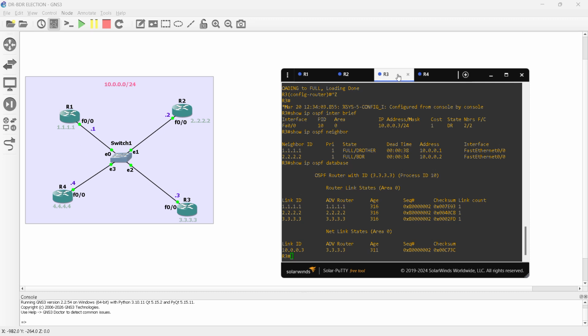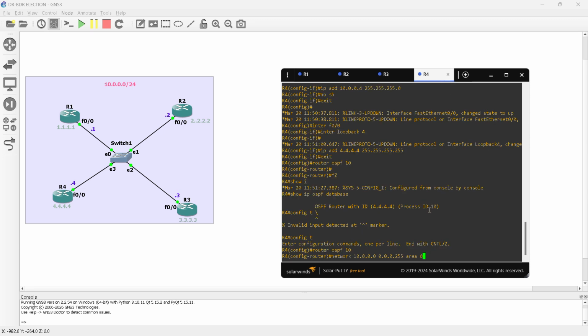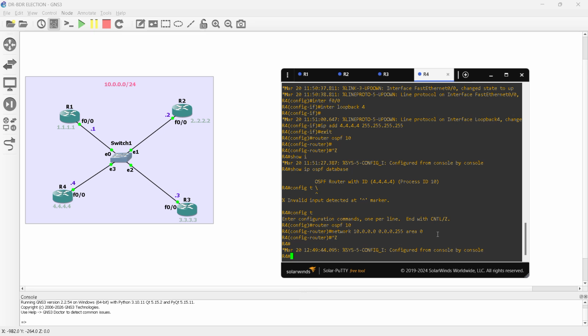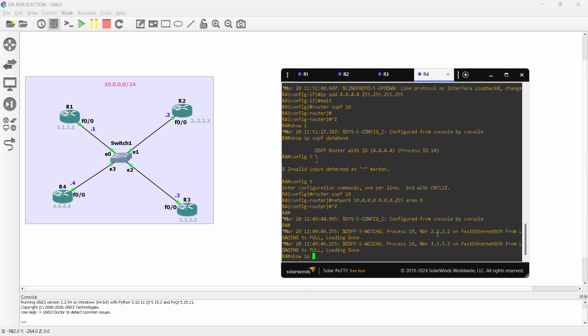For that I'll give the command. And now let's see show ip ospf interface brief. Okay, before that, let me tell you what will happen.